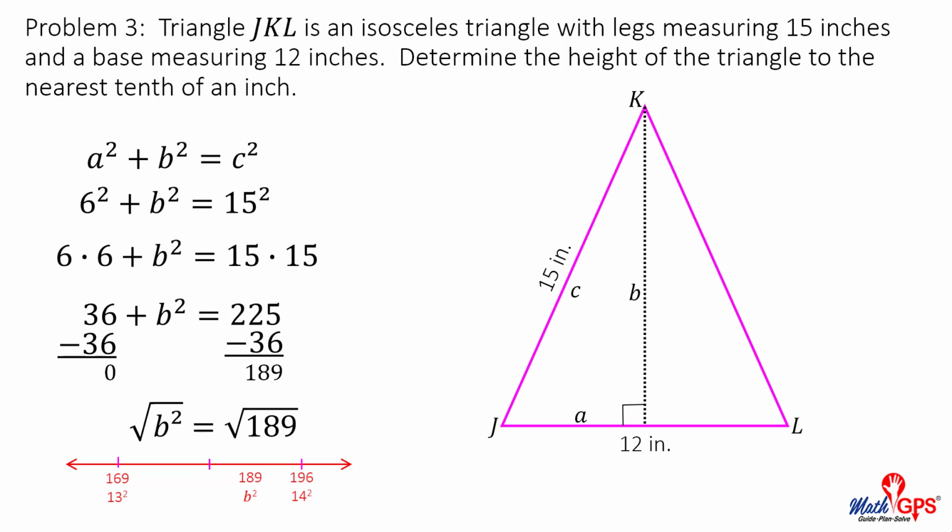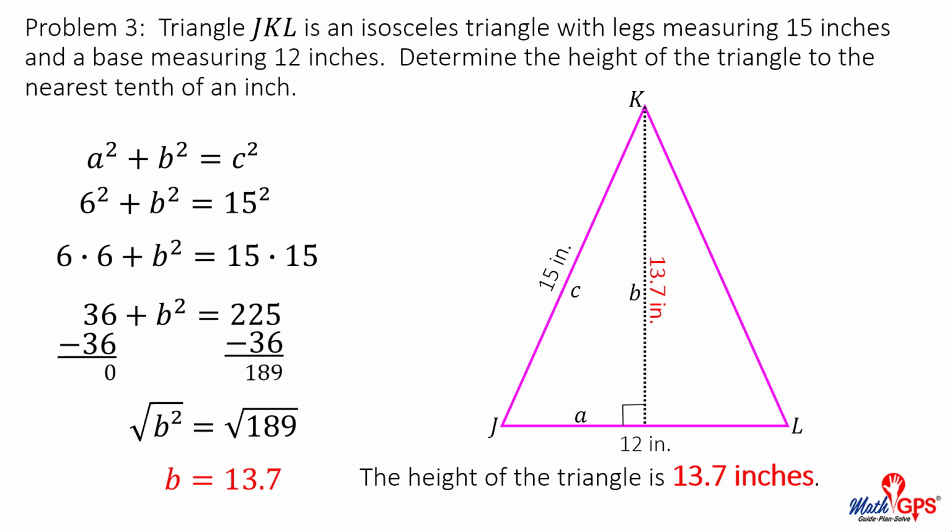The square root of 189 is somewhere between 13 and 14. Use a calculator to find the square root of 189. To the nearest tenth, the square root of 189 is 13 7/10. The height of the triangle is 13 7/10 inches.